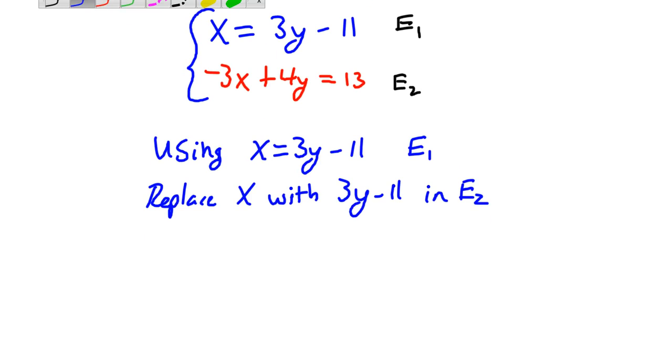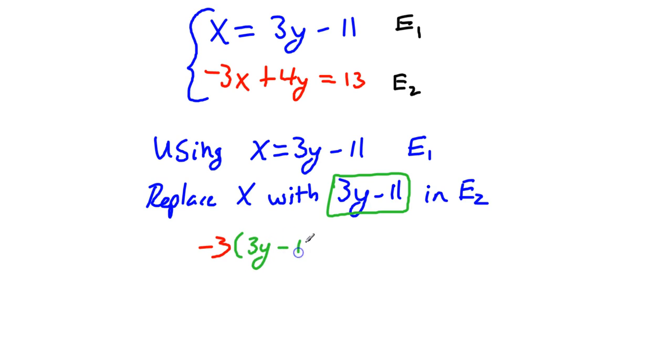Okay, so equation 2, we've got negative 3, and again, we're going to take x and replace it with 3y minus 11, and we've got plus 4y equals 13.